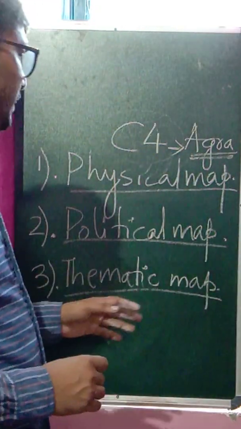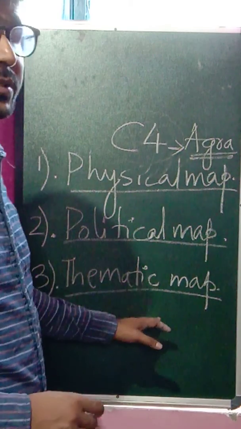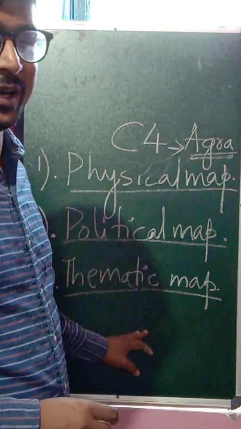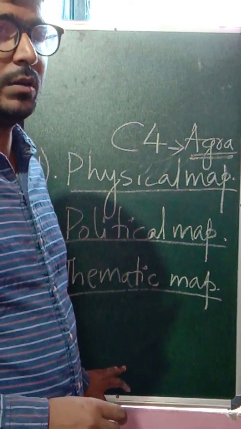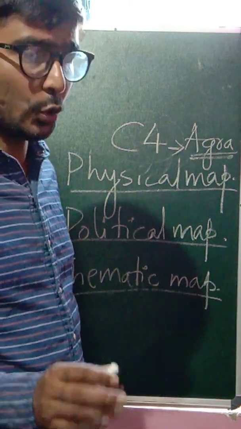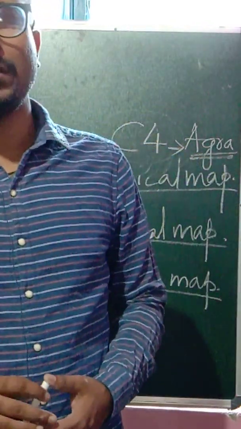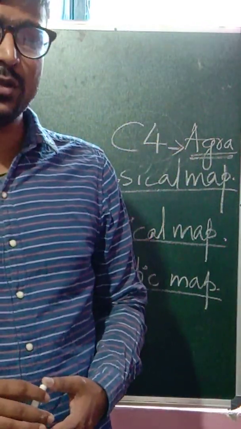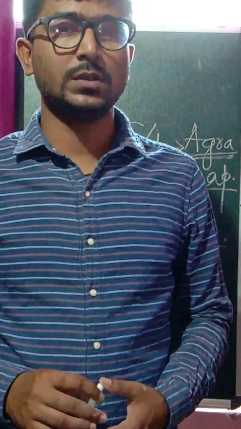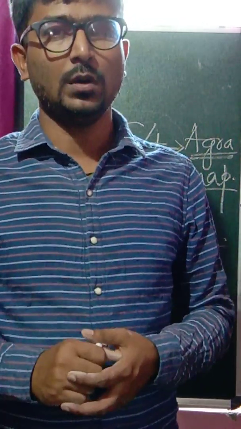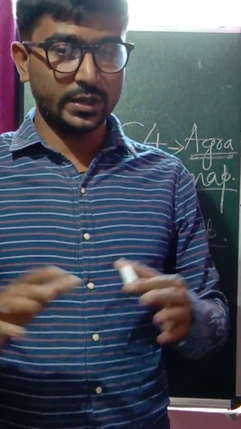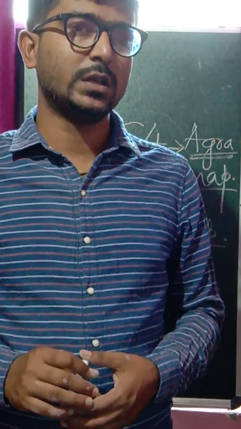There are various kinds of maps that help us in different ways in studying locations, rivers, mountains, roadways and so on. So this is all about the chapter on the importance of longitude and latitude, and how in different ways we are able to study the globe and the maps provided to us.